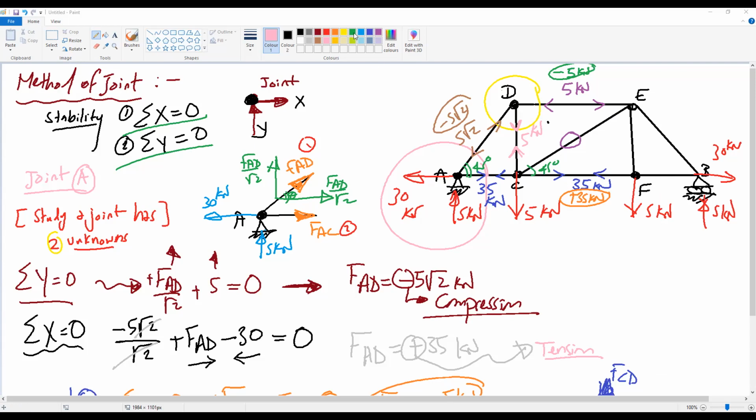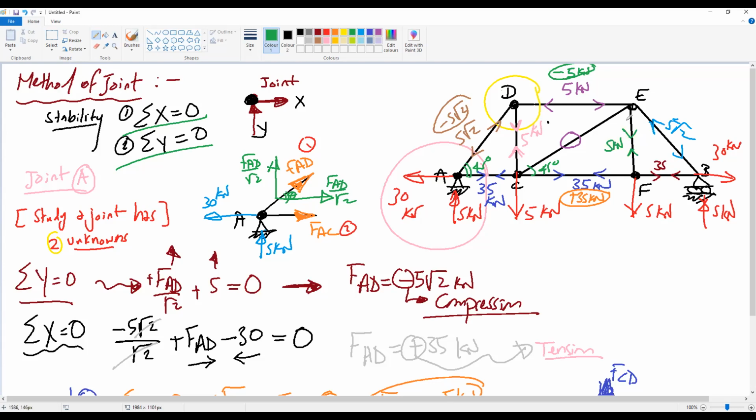Okay, so if we do the calculation, then we will find that this force is compression 5 root 2. And this force is tension 35 kilonewton. And this force is tension 5 kilonewton.